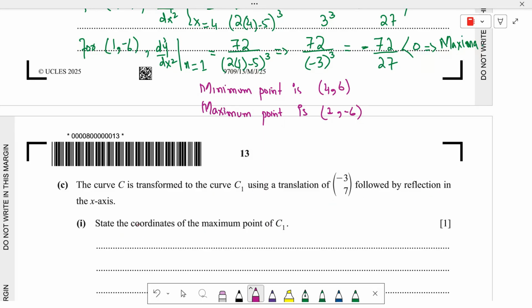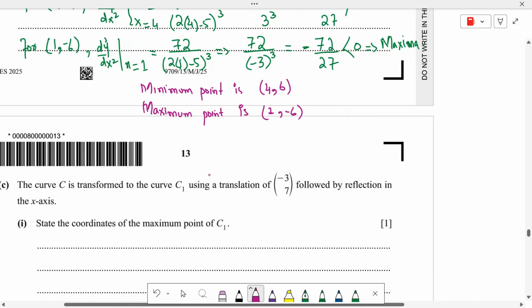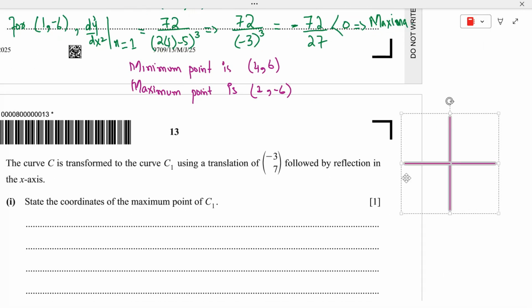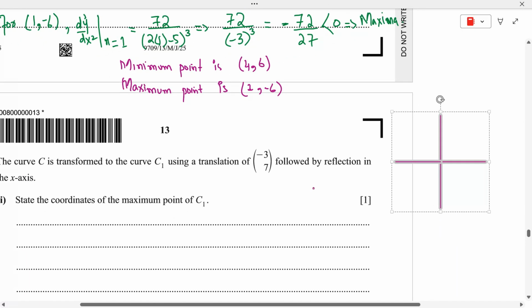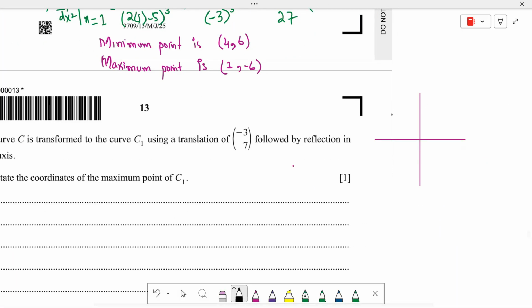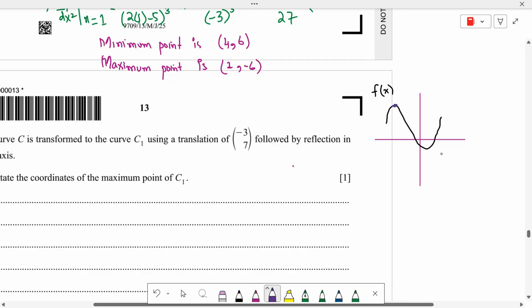If there is a reflection in the x-axis, for example, say we have a curve like this one, and we can say that this is the function y of x. You can see that this curve has two stationary points, one is this one and the second is this one, and this one is a maxima and this one is a minima.